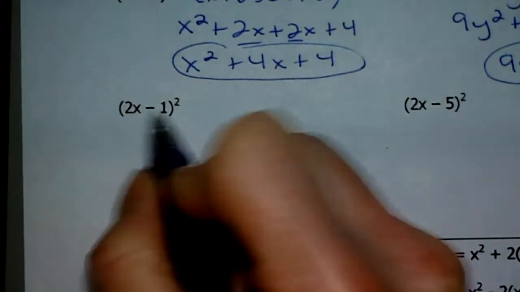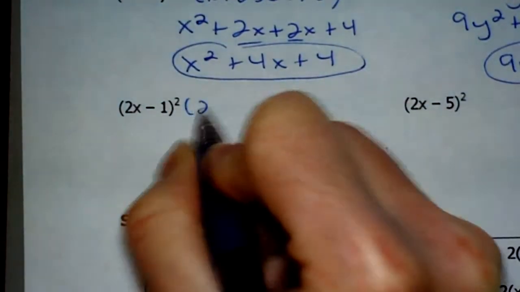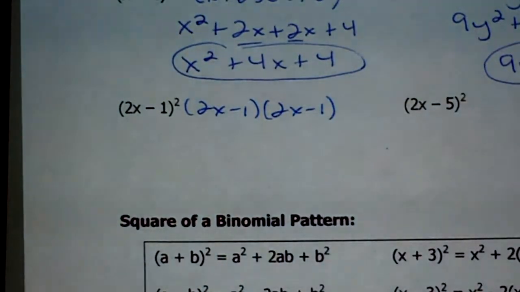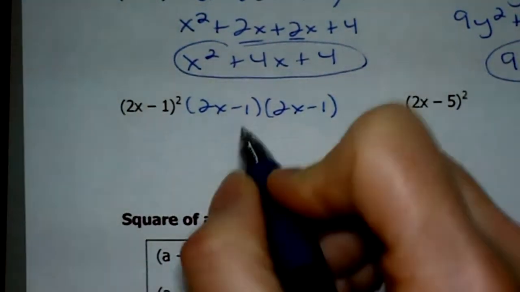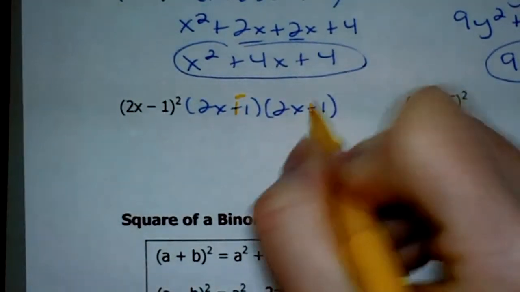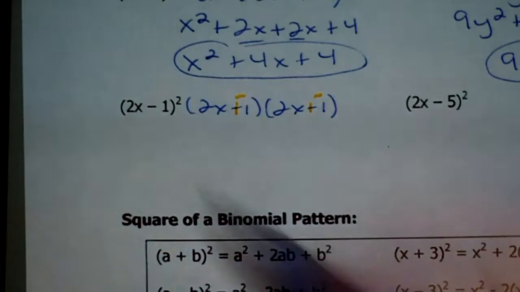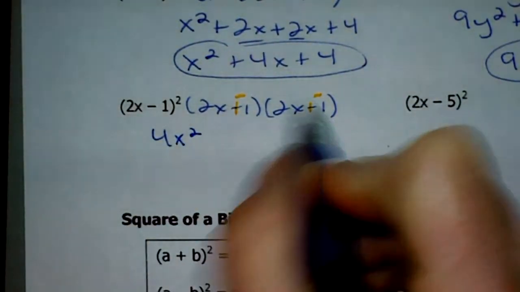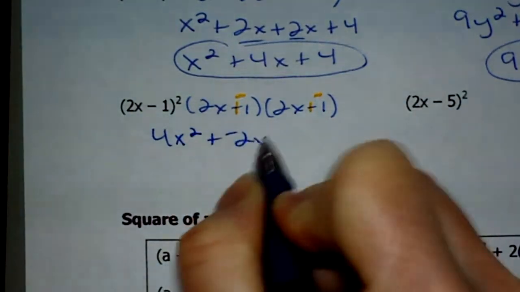So again, when you see 2x minus 1 squared, that means that you have the quantity of 2x minus 1 twice. So now when you FOIL this, and yes, you can go ahead and do the key change, 2x times 2x, that's 4x squared. 2x times negative 1 is negative 2x.